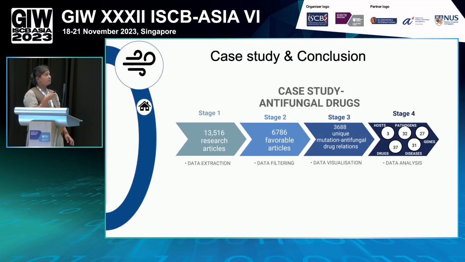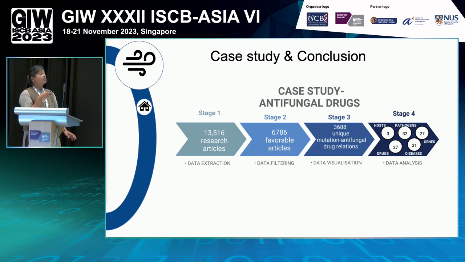As I just mentioned, the pipeline is now a generalized pipeline, but we started it for our fungal work and ended up making the pipeline. Initially we started with 20K articles, of which fungal resistance specific were around 13.5K research articles. We were able to filter through our NLTK pipeline 6.7K articles.